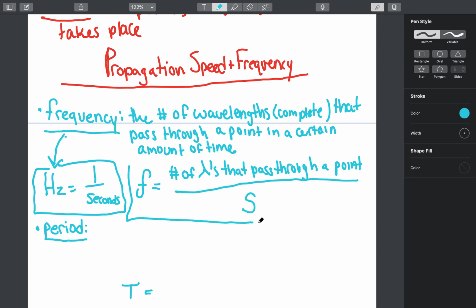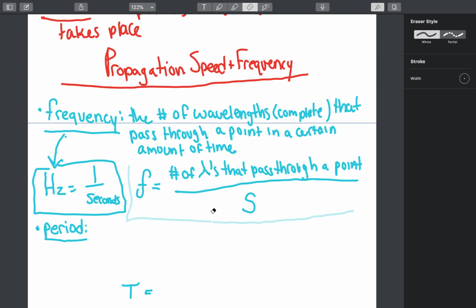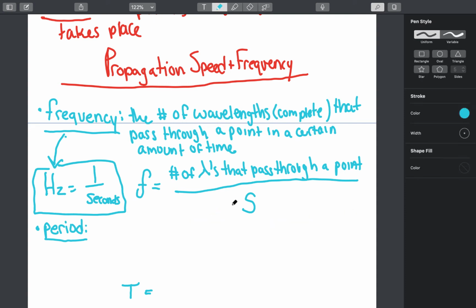Now it's important to note that the top number, since it's only a number, is unitless. The only part of the equation that has a unit associated with it is the denominator. So that's why frequency has 1 over seconds, or seconds to the -1 as its unit, okay?